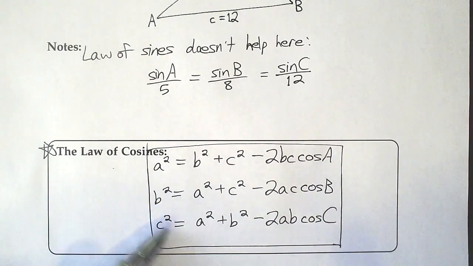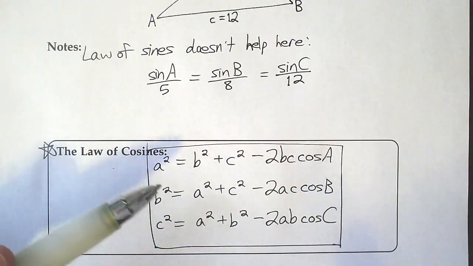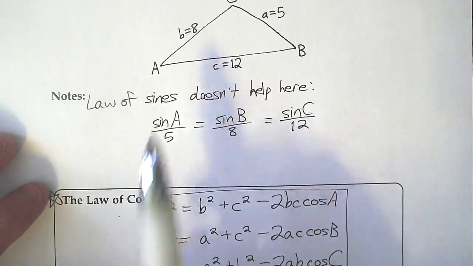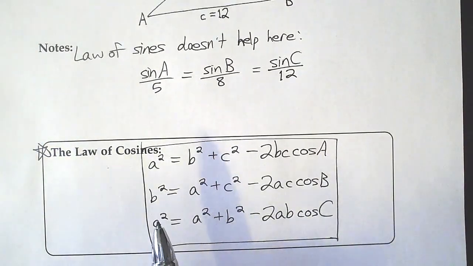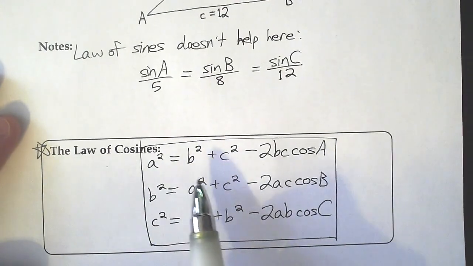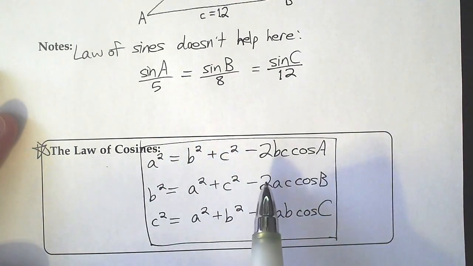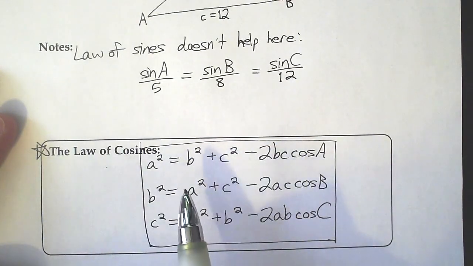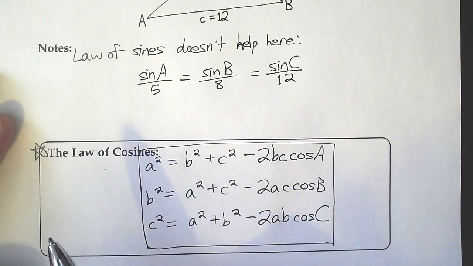And then this one works with C. So there's an A version, a B version, and a C version. You could use any of them, and the one we use depends on what the problem looks like. But my idea is that if you could remember one of these, then maybe you can figure out the others from it, because they all have the same layout.